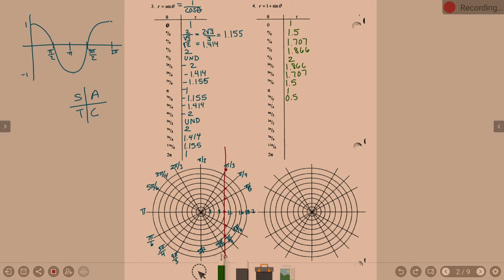Okay. 5 pi over 4. Well, that was going to be negative 0.707. So what's 1 plus negative 0.707? 0.293. I agree with what you guys are saying. And then this next one, we're going to be doing 1 minus 0.866. So 0.134.